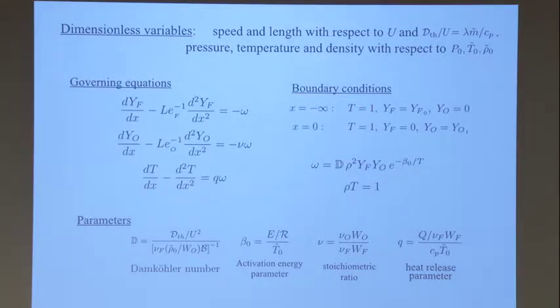Obviously, one can have the temperature on one side hotter than the other, but for simplicity, that was assumed. So the only parameters which are involved in the problem are the Damköhler number, which is the ratio of the flow time divided by the chemical reaction time, the activation energy parameter, the stoichiometric ratio, and the heat release parameter Q. Okay.